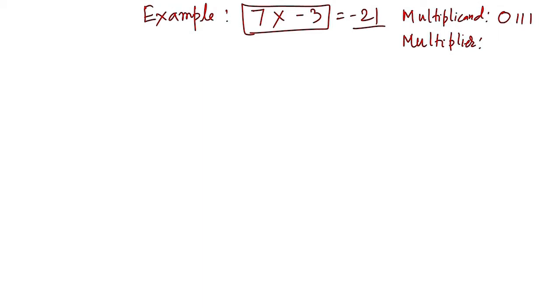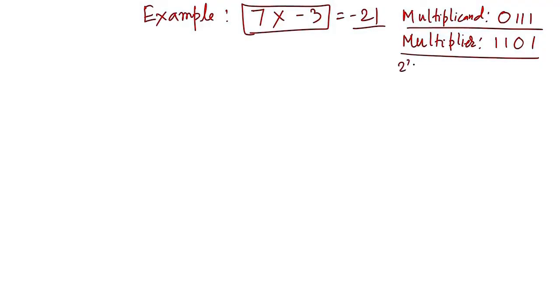What is the 2's complement of -3? So, here 3 is 0 0 1 1. Then 2's complement will be 1 1 0 1. Okay. So, multiplier will be 1 1 0 1. Then one more thing we have to do, because we have to subtract m.